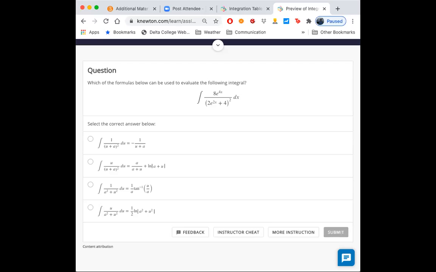Sort of an interesting problem. So let's see. We've got integral 8e to the 4x over 2e to the 2x plus 4 all squared.